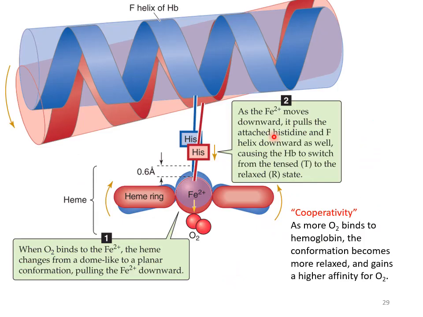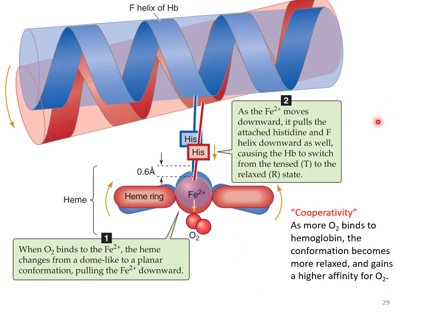Let's explore a little bit more about how oxygen binds to your hemoglobin. When oxygen binds to hemoglobin, we observe a phenomenon that we call cooperativity, which basically says that as more oxygen binds to hemoglobin, the conformation or the shape of hemoglobin becomes more relaxed and it gains a higher affinity for oxygen. So what do we mean by this?